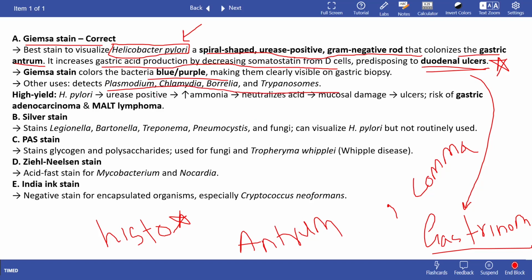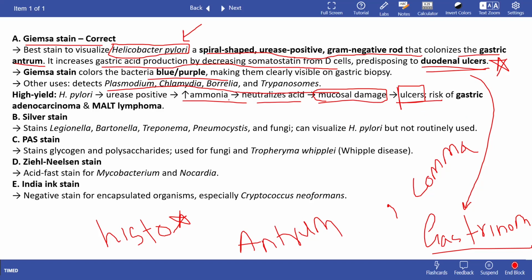This is basically a short high-yield mechanism that is summarized in this short flow chart, which is that H. pylori releases urease because it is a urease-positive organism. What it does is it increases the production of ammonia, which neutralizes the acid. In this neutralization process, mucosal damage occurs, which results in formation of ulcers.